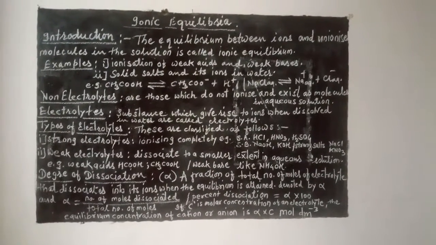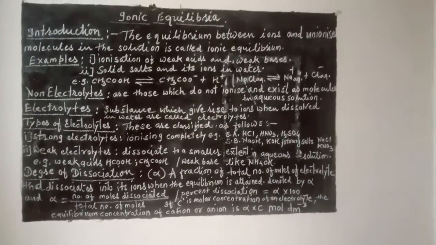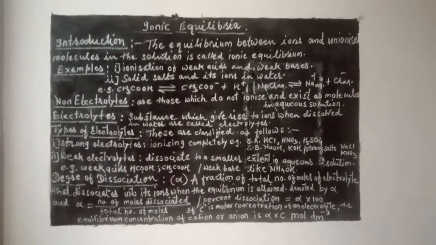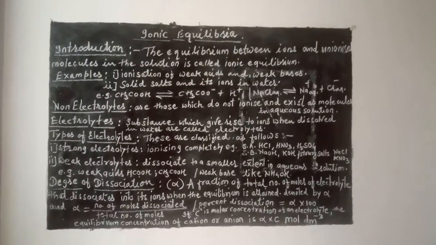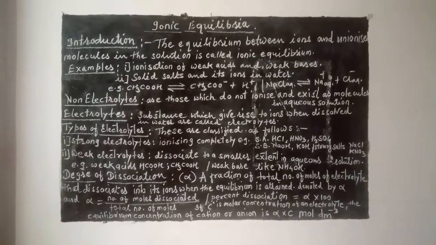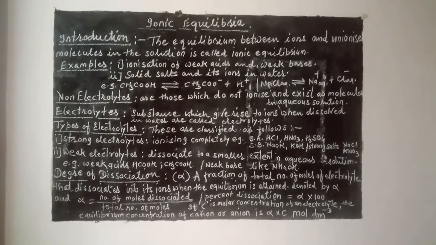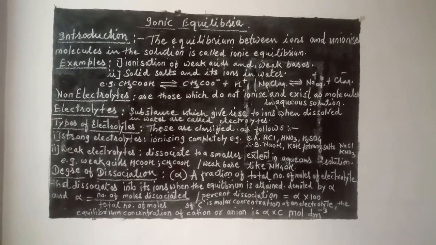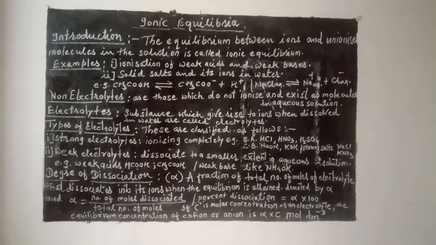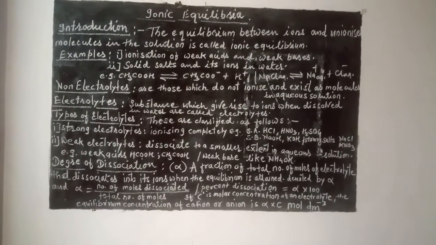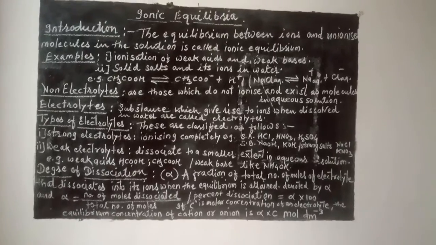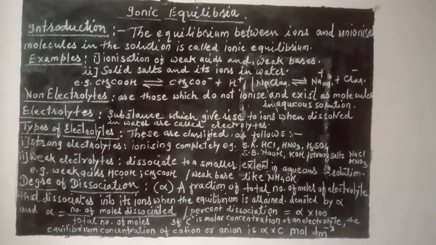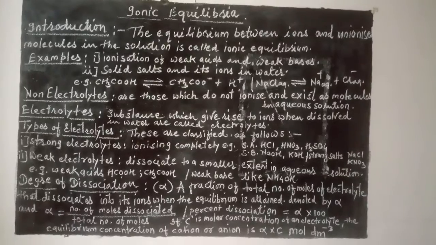Now we will understand a few terms related to ionic equilibrium first. See here, non-electrolytes. The non-electrolytes are those which do not ionize and exist as molecules in aqueous solution. That means non-electrolytes get dissolved in water but do not form ions.